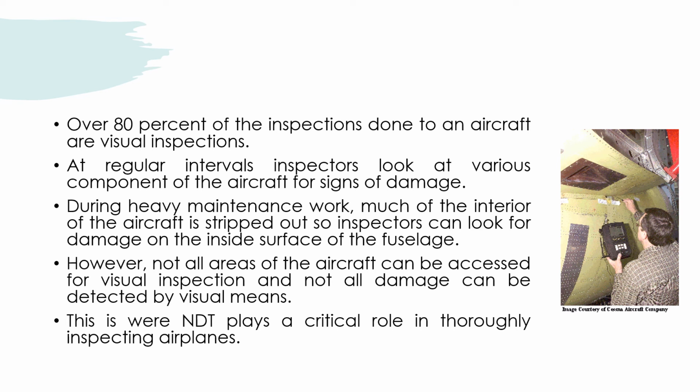During heavy maintenance work, much of the interior of the aircraft is stripped out, so inspectors can look for damage on the inside surface of the fuselage. However, not all areas of the aircraft can be accessed for visual inspection, and not all damage can be detected by visual means.